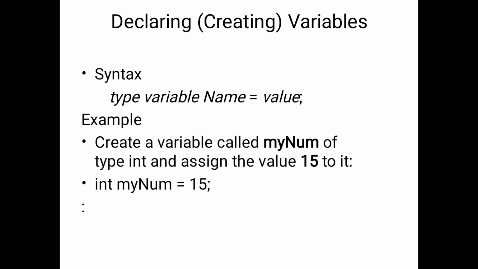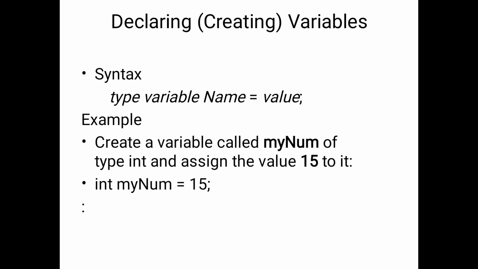Next step is how to declare a variable, or how to create a variable. This is a simple one. The syntax is we need a type, a variable name, equal to a value. So what is meant by type? For example, if I want to create a variable called my number, in this example I will use int for my number because I want to denote an integer number, and assign the value 15 to it.